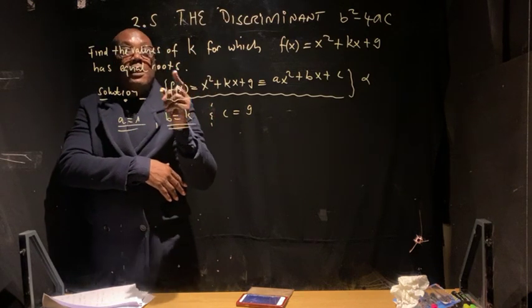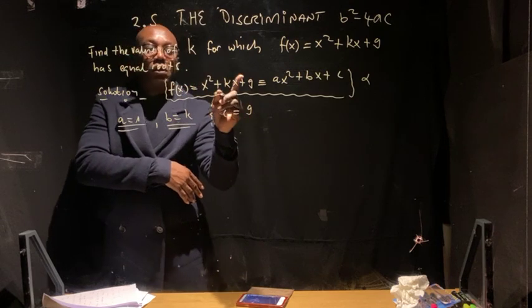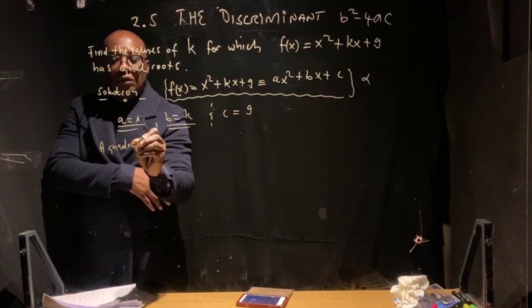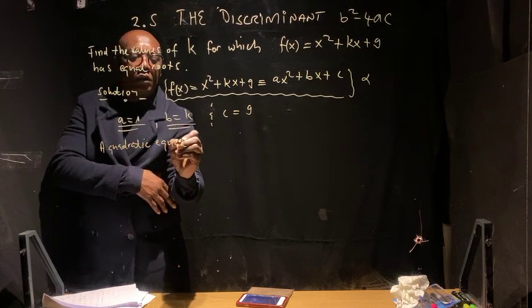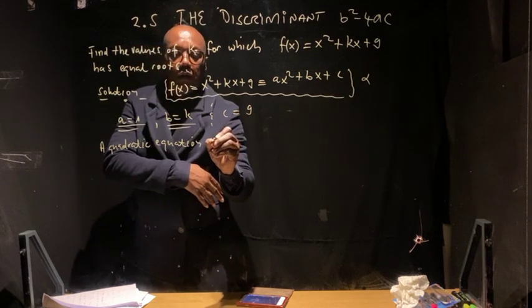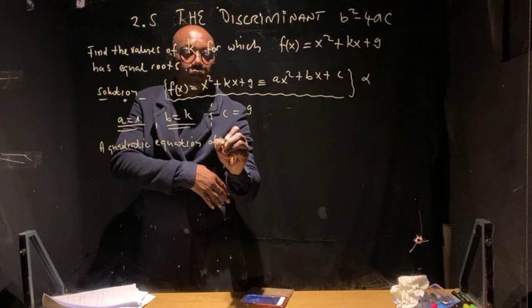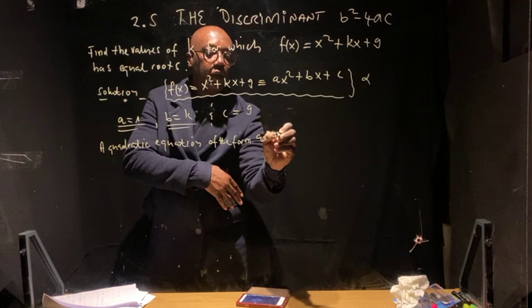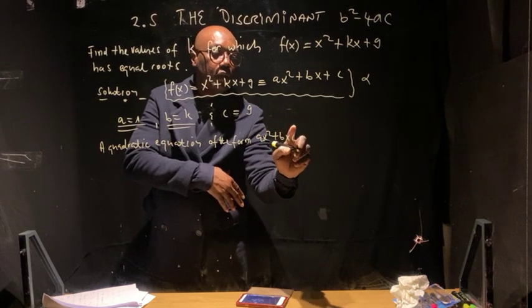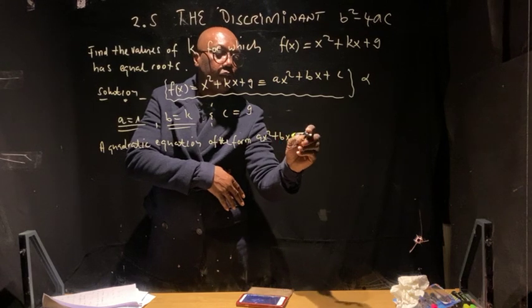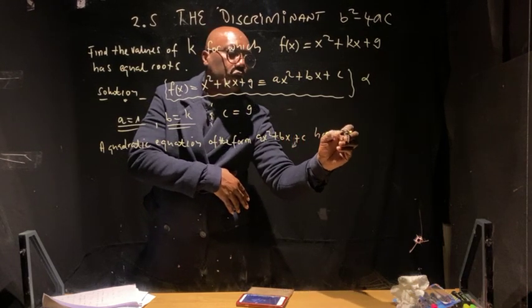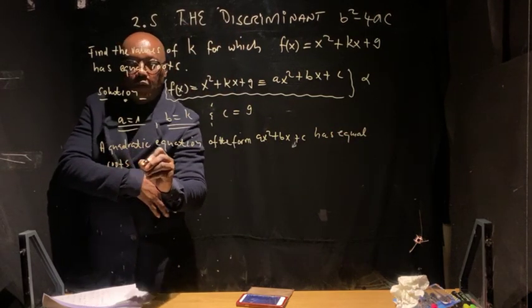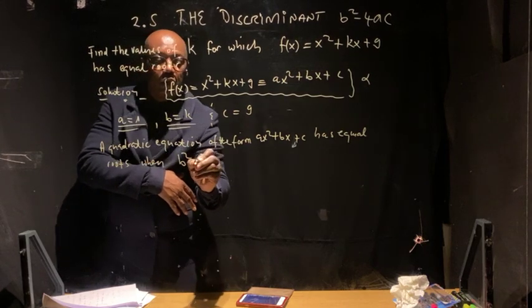I would say that a quadratic equation of the form ax squared plus bx plus c has equal roots if and only if b squared equals 4ac.